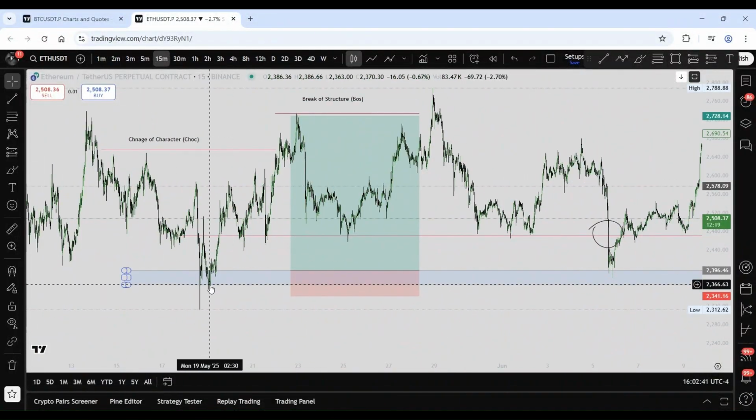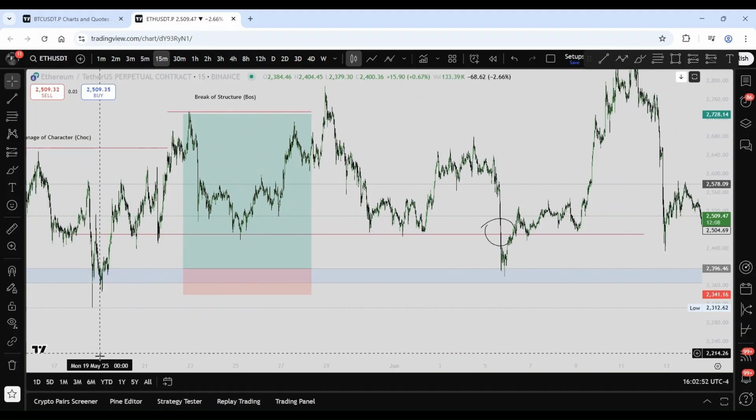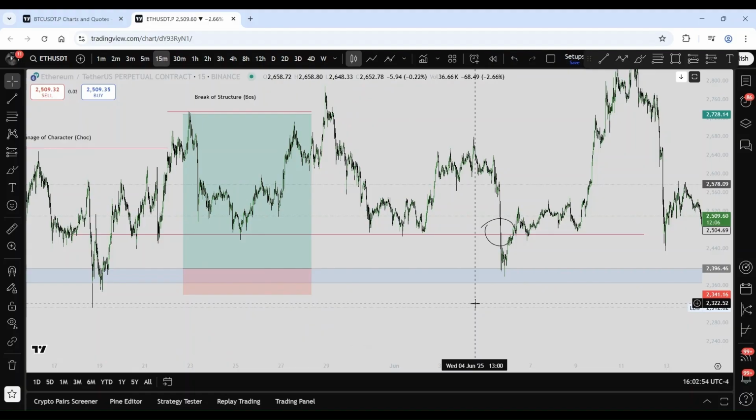Along with the order block, we had this order block built on the 19th of May, Monday, and the price came up to the same order block on the 5th of June, Thursday. So this is swing trading, or you can say you got to be really patient for swing trading. I'll be showing an example of scalping as well. As I said, this strategy would work in pretty much every time frame, every market condition, and in all sorts of markets.